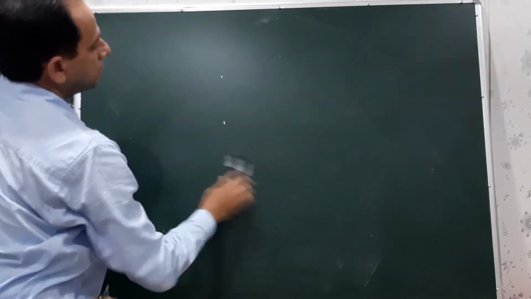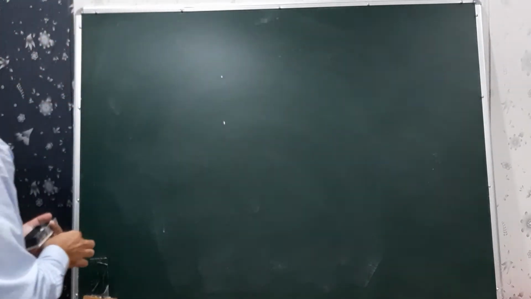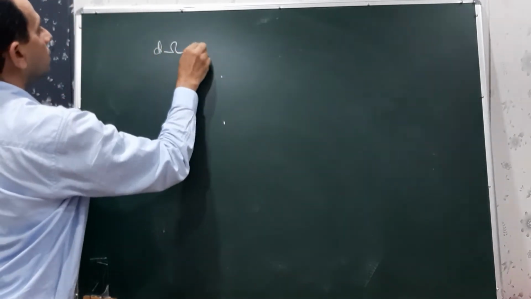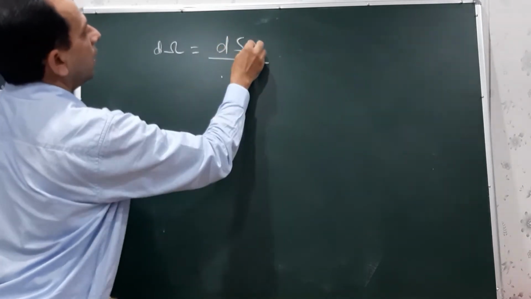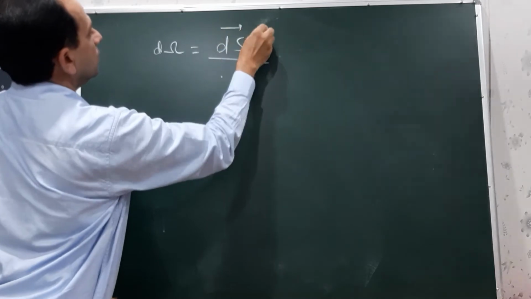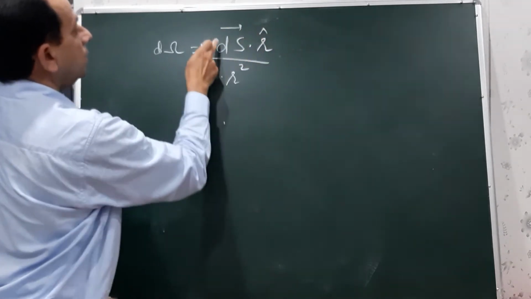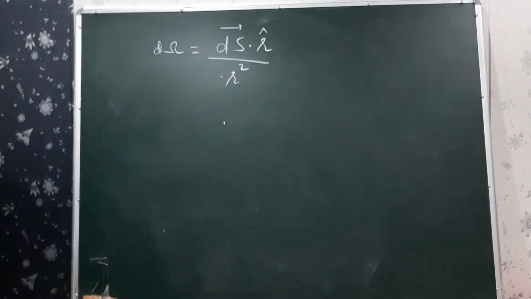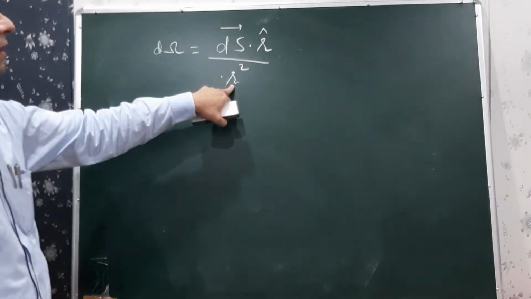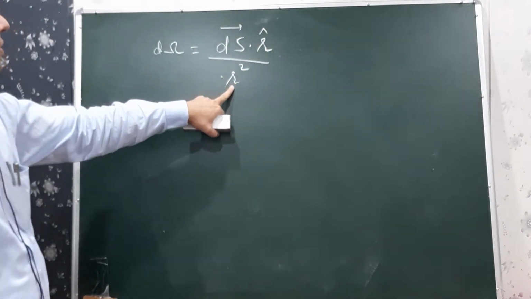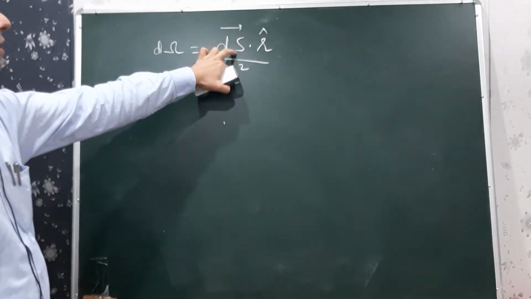If we write this solid angle d omega in vector form, then it is written as ds by r square. In vector form, we know that r square is a scalar quantity, because the square of any vector is scalar. So, ds is a vector quantity, area.